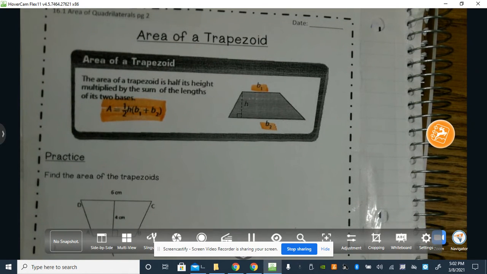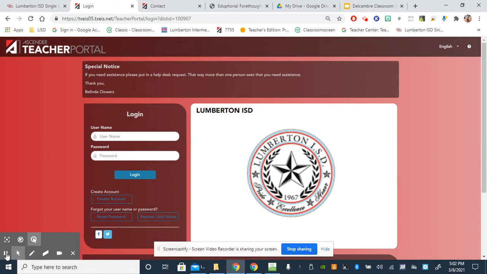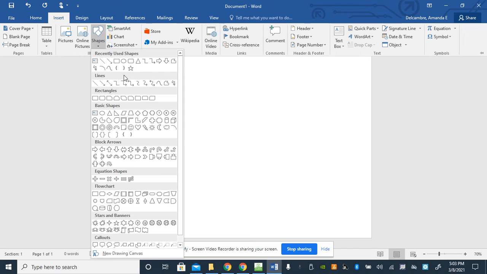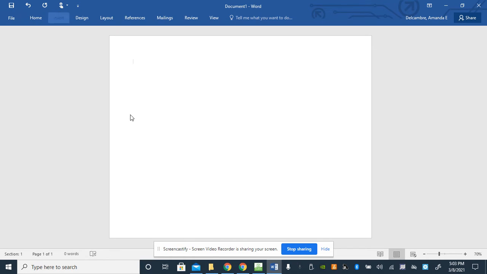So I'm going to minimize here and open a Word document. I have this Word document, and just to show you, I'm going to insert a trapezoid. If I'm looking over here at my shapes, here is a trapezoid. I'm going to put this trapezoid right here.